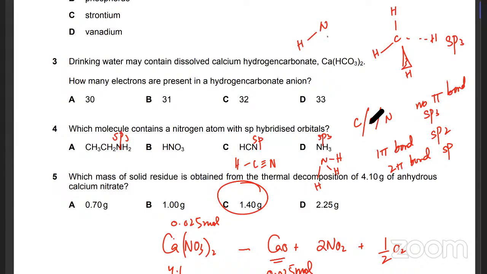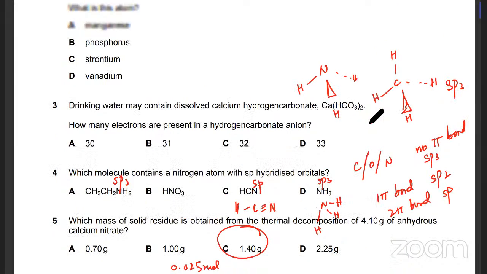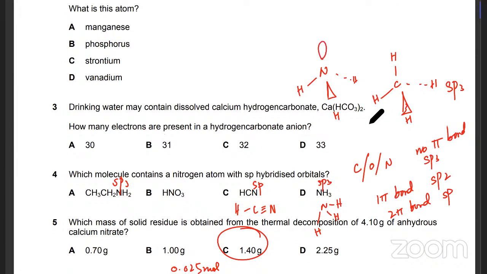If it's not forming any pi bonds, it's going to have exactly the same shape, except that one of its orbitals is already full. There's going to be a lone pair, but the two atoms would look exactly the same. It doesn't make an extra bond over here. It forms a dative bond sometimes, but otherwise it's going to be sp3 hybridized.